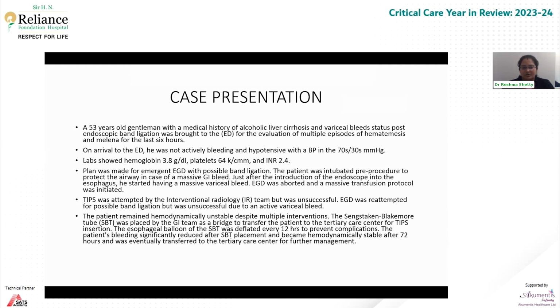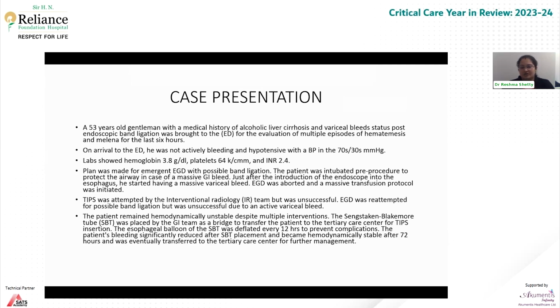On arrival to the emergency department, he was not actively bleeding, but he was hypotensive with BP of around 70/30. HB was around 3.8 with platelet count of around 64,000 and INR of 2.4. So plan was made for emergency endoscopy with possible band ligation, and hence the patient was intubated pre-procedure to protect the airway in case of massive GI bleed.